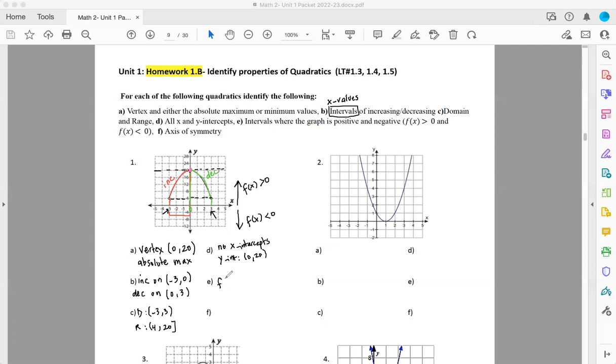So really, f of x is positive, meaning above the x-axis, for all the values in the domain, which is -3 to 3. If you go from -3 to 3, you'll only have a graph that is above the x-axis. And because we don't have a graph below the x-axis, so we don't have a negative value for y, there's no interval for which the y value or f of x is negative.